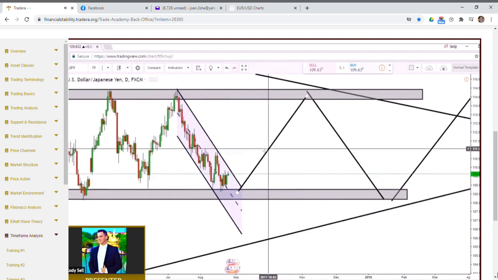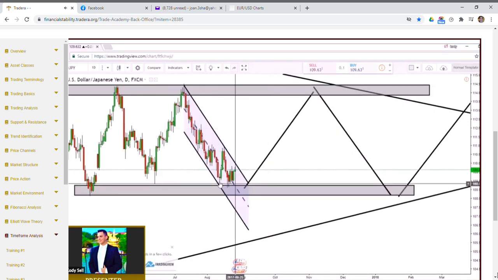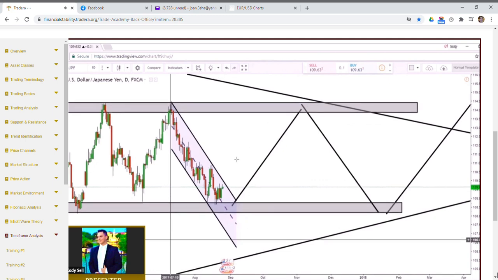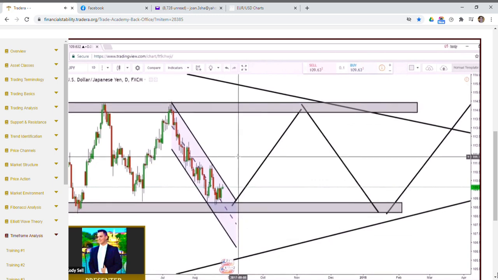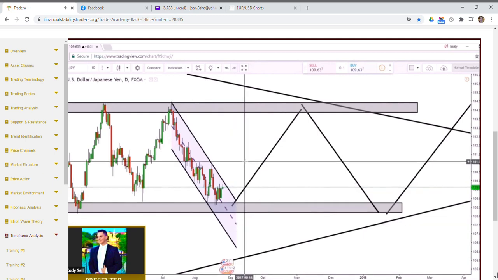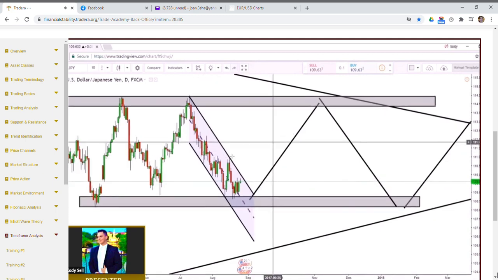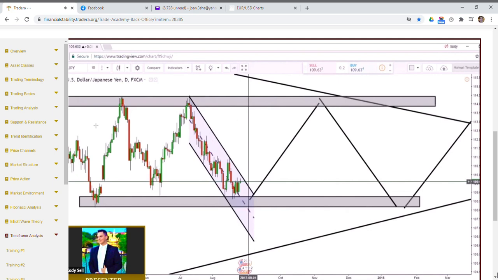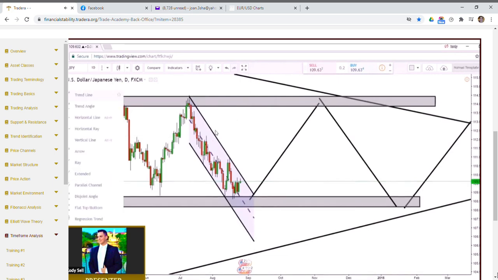You guys can enter before this. As you guys see, we have bullish price action at this support. You can use that for your entry, but understand that it is an aggressive entry. Okay, understand that so that if you do lose, you understand why you lost. It was an aggressive entry. But we have our channel here, so now we have a little bit more clarity. Again, even more clarity.